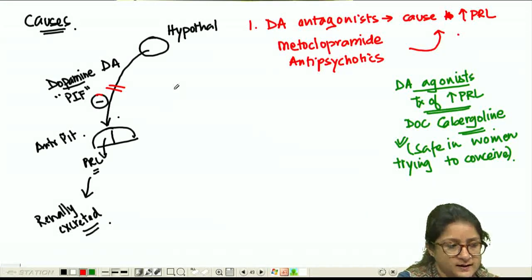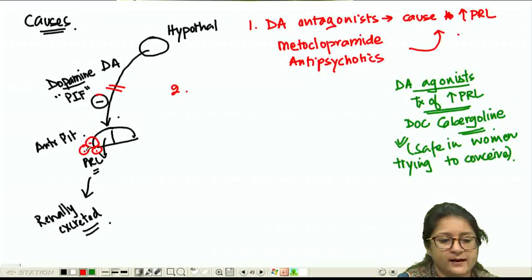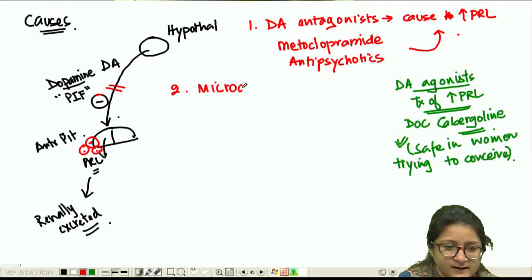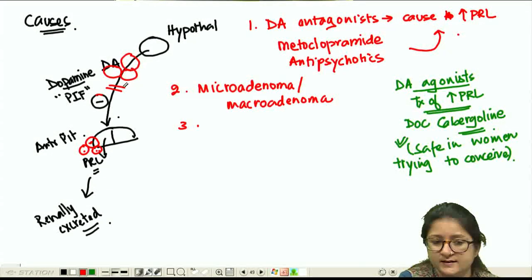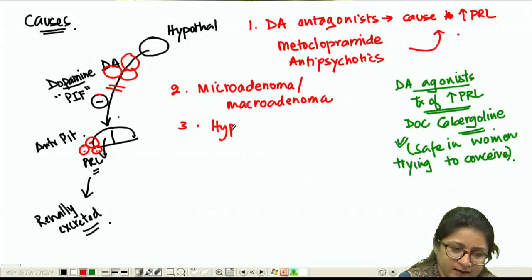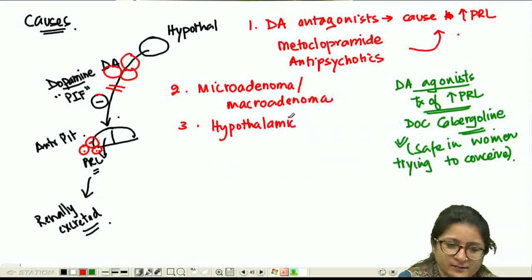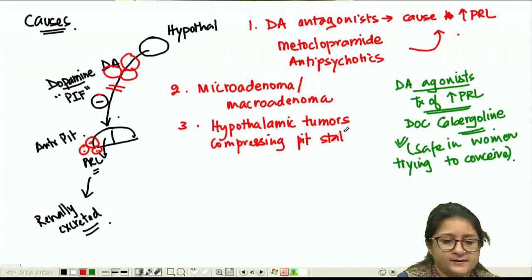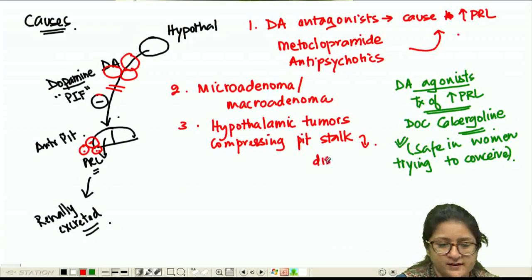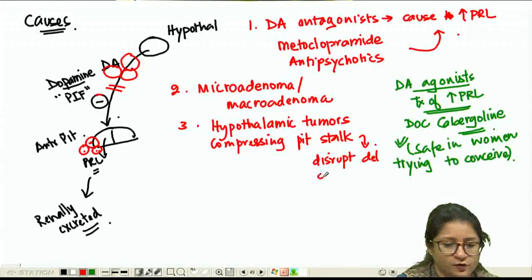Then the other important cause is a prolactin secreting microadenoma or a macroadenoma, or there can be any hypothalamic tumors which are compressing the pituitary stalk, and thus disrupt the delivery of dopamine, right.